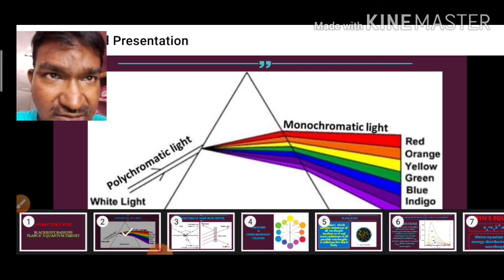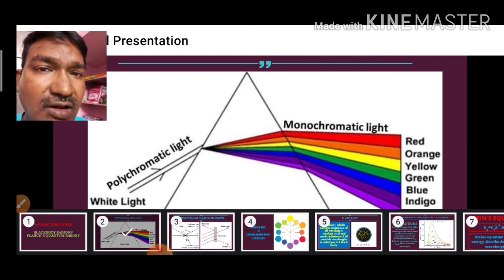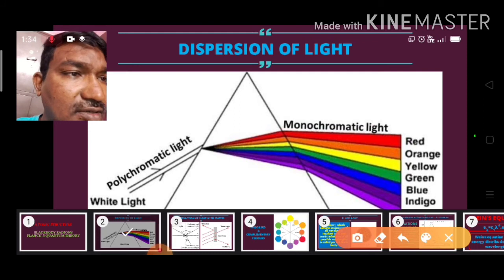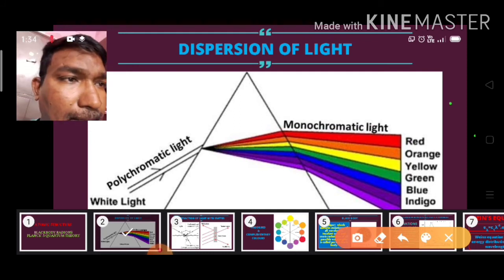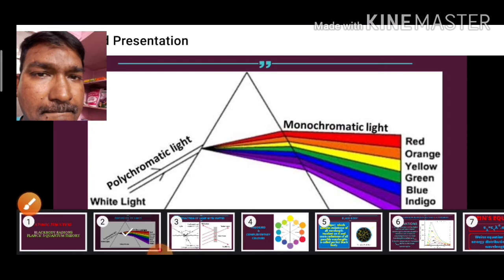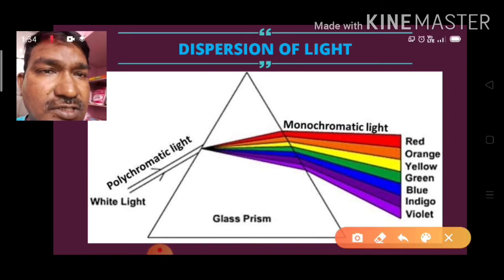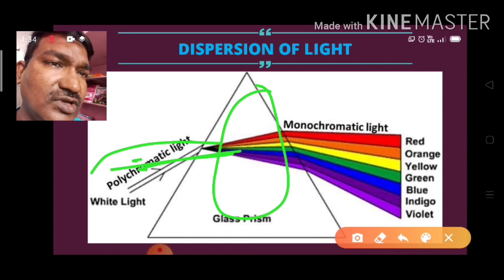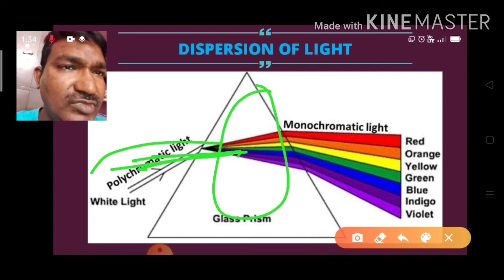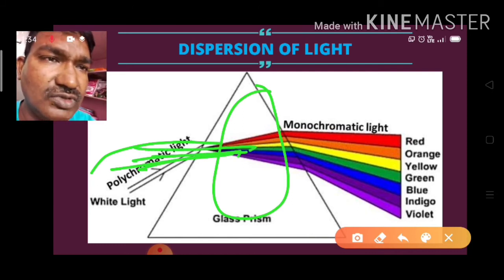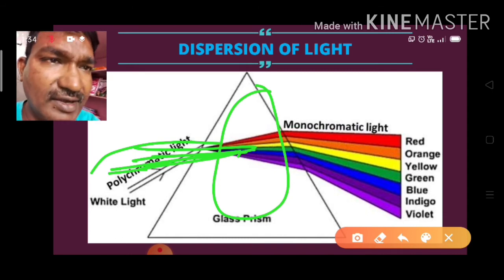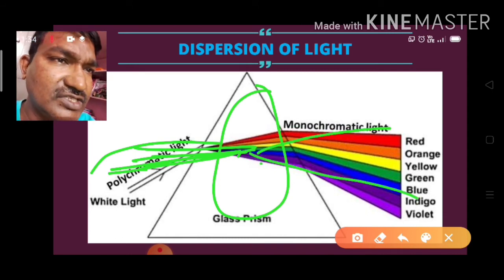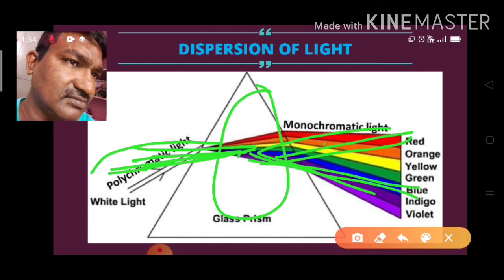And when we pass that white light through a glass prism, as shown here, so look here my dears, this is a glass prism. So we are passing this white light through the glass prism. So when it is passed through the glass prism, that white light dissociates into the seven different colors.